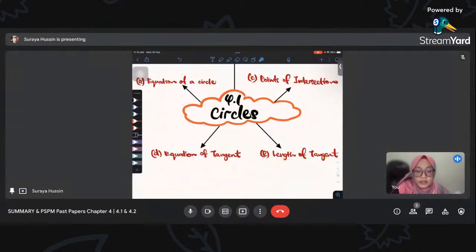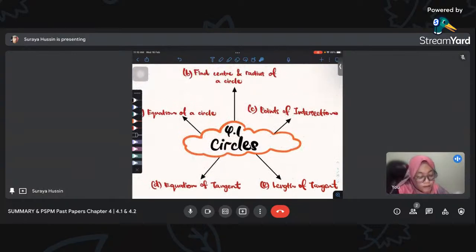The length of tangent is just the use of Pythagoras theorem. Okay. Dia hanyalah Pythagoras theorem, which is also basic things yang a lot of you mesti pandai menggunakannya, especially the Pythagoras theorem and the equation of tangent. You know how to find them.